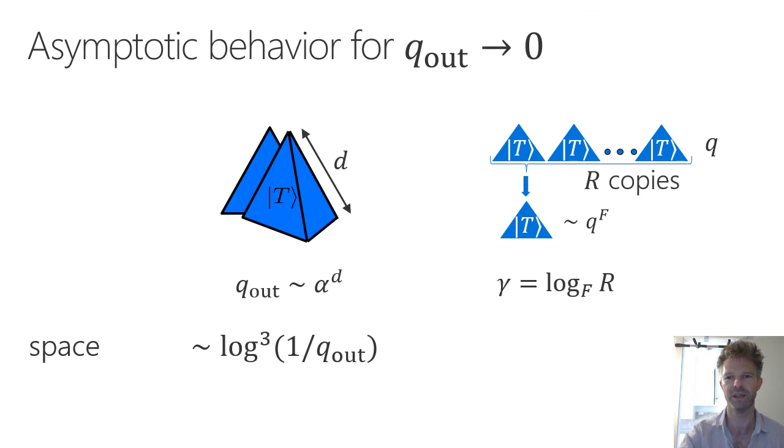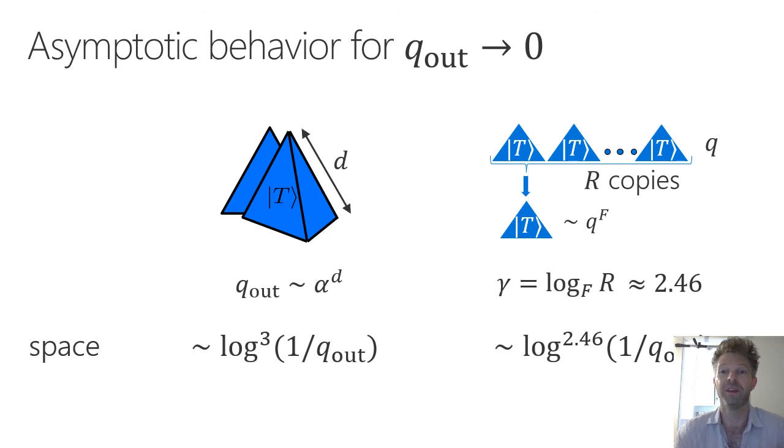For distillation, there is a well-known argument that there's a parameter usually referred to as gamma, which is essentially the logarithm of the number of inputs to outputs for a distillation scheme, where the logarithm base is the order of error suppression of the distillation scheme. The space cost, essentially the number of inputs to the first round of distillation, scales in the same way as for code switching, but with a different exponent, and in this case the exponent will be gamma.